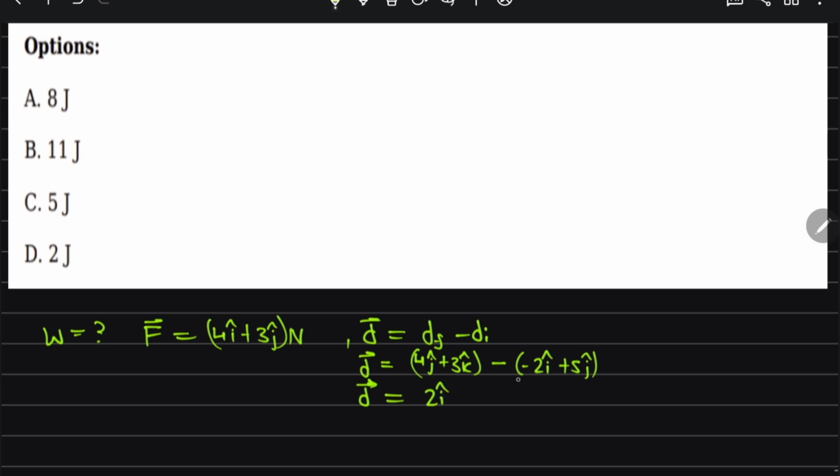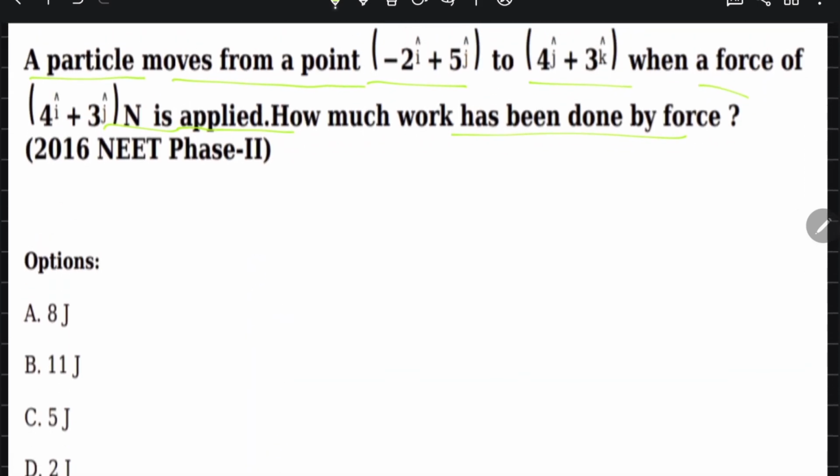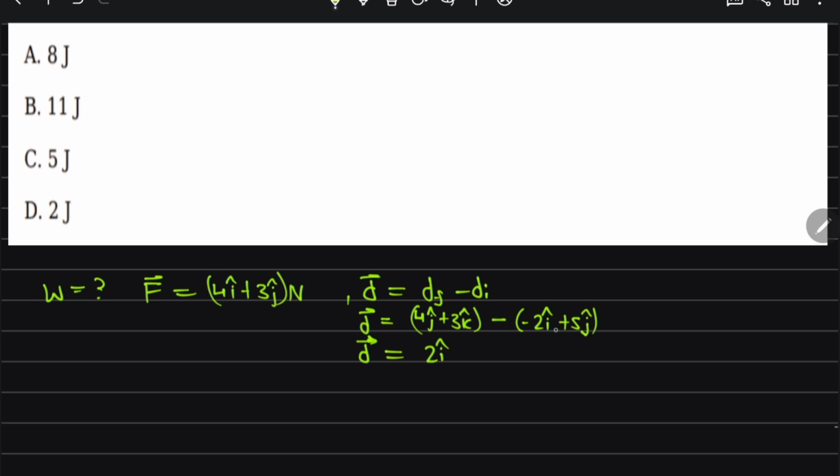This gives 2 i cap, because there is no i cap in the final vector, so it is only the i cap. Then 4 j cap and 5 j cap. So here you see that this is minus 5 j cap and plus 4 j cap, which means minus j cap, and plus 3 k cap.